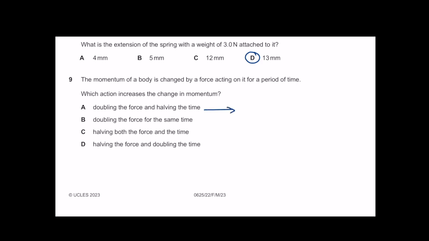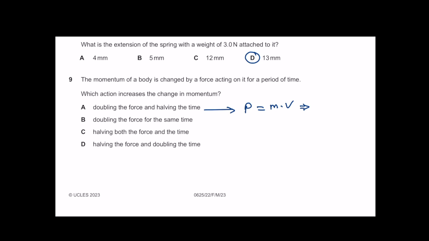Let's see, momentum equals mass times velocity, right? And that means we have change in momentum, so if the velocity changes, the change in momentum equals change in mv, right?